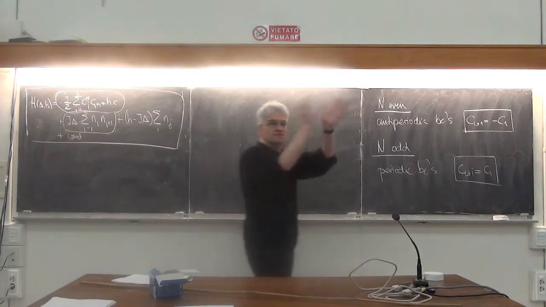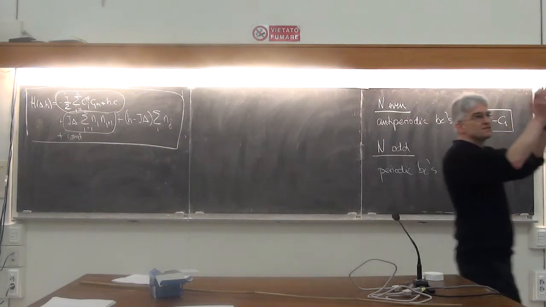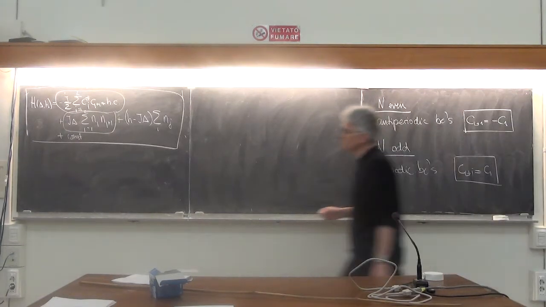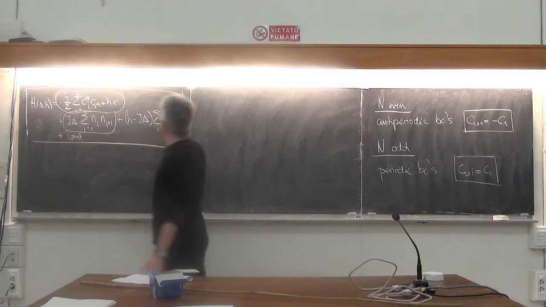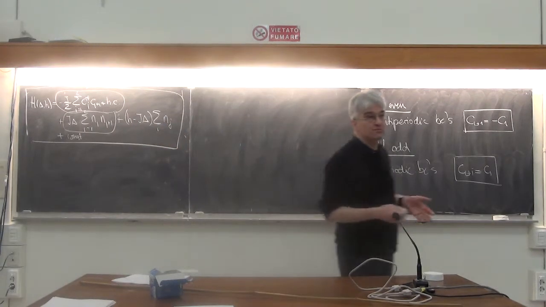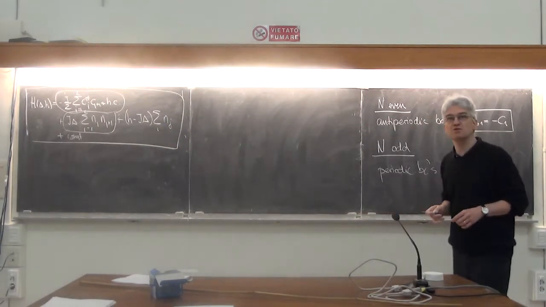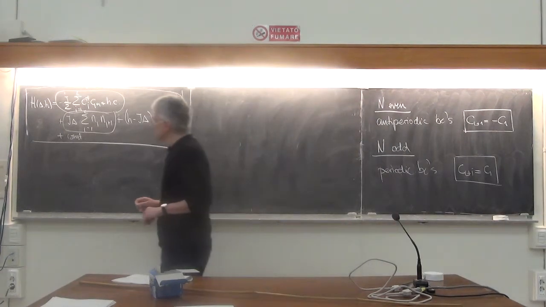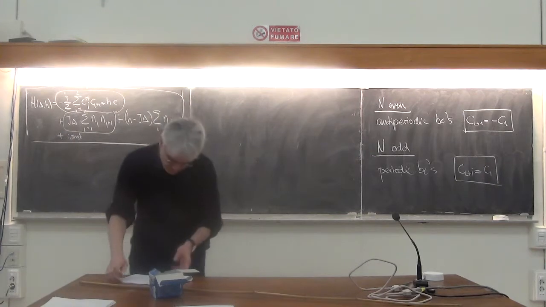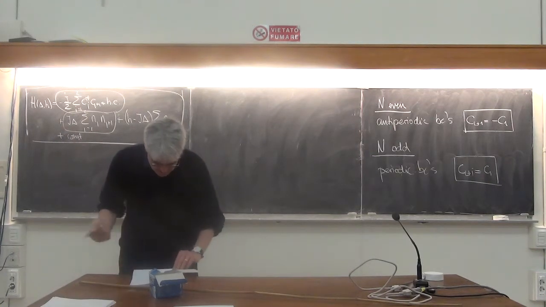So if you have two of these spinless fermions on neighboring sites, they either repel if delta is positive, or they attract if delta is negative. And this is a chemical potential for these spinless fermions. Do you have any questions so far?